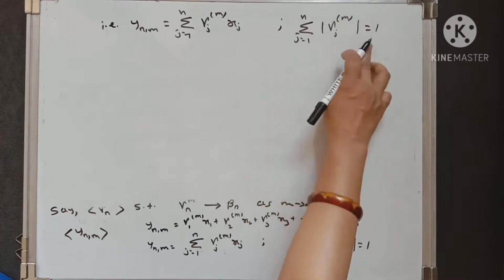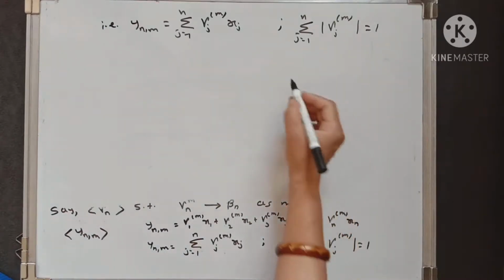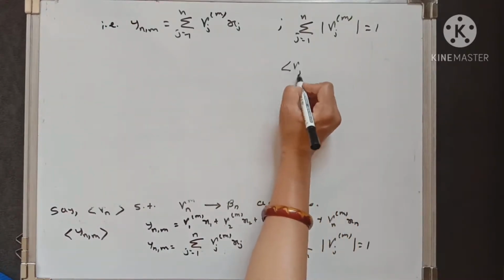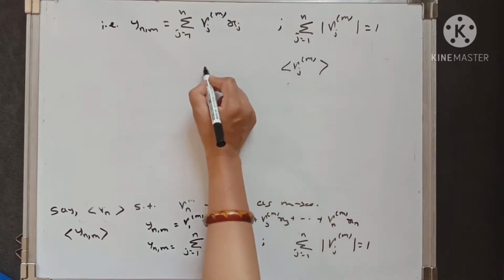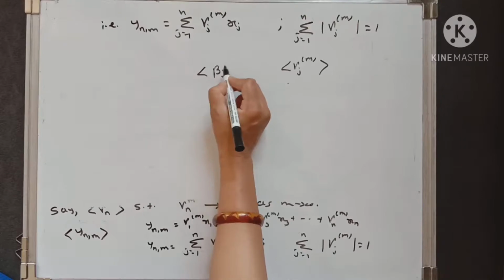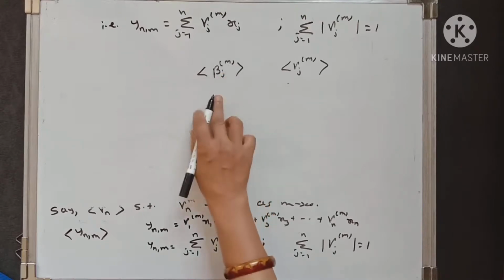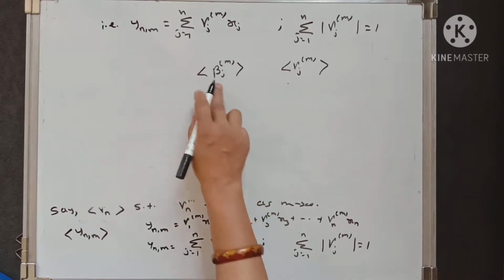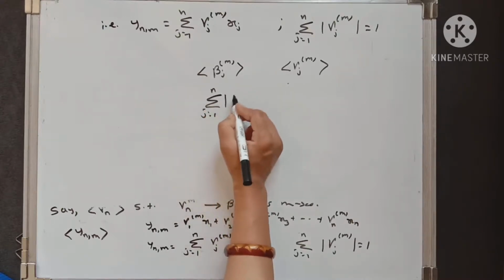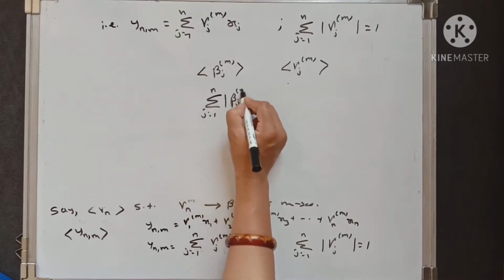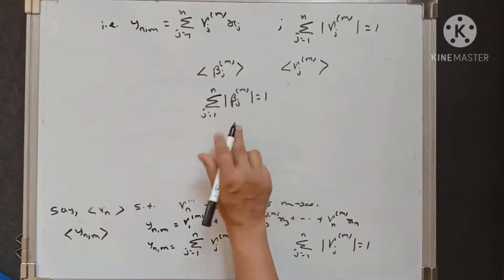Here we write down that this sum equals 1 because we know that the sequence gamma jm is a subsequence of the sequence beta jm, and for the sequence beta jm we have the summation j running from 1 to n of mod of beta jm equal to 1.